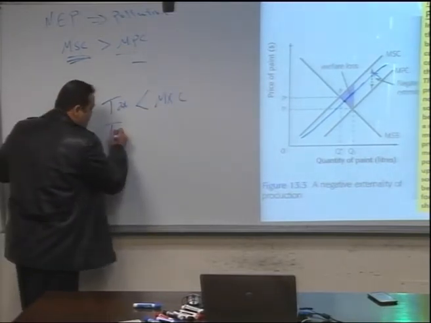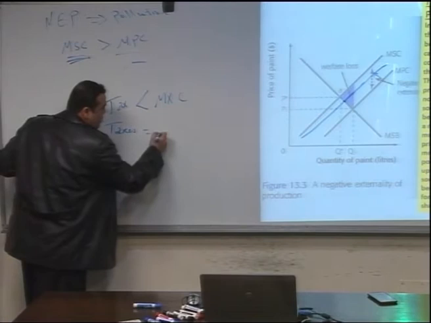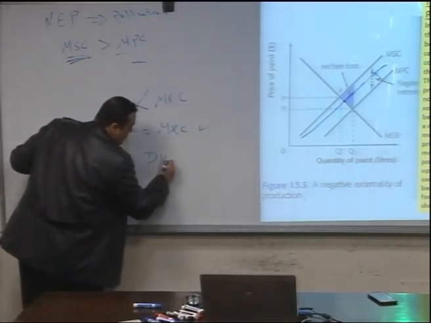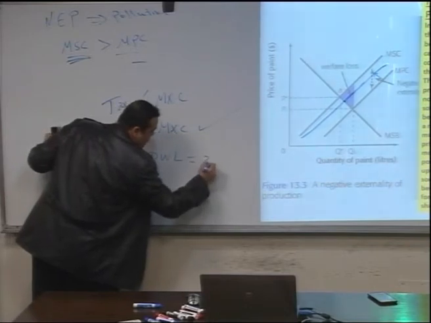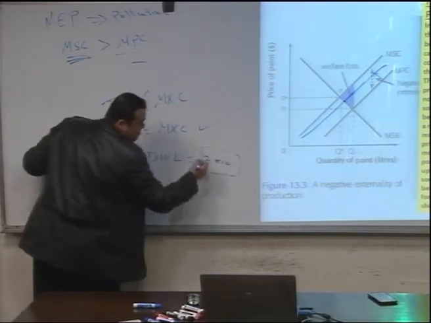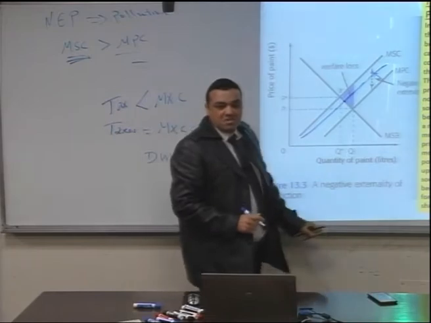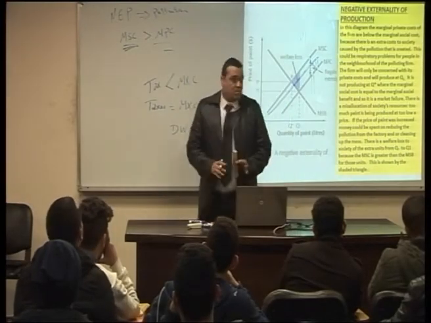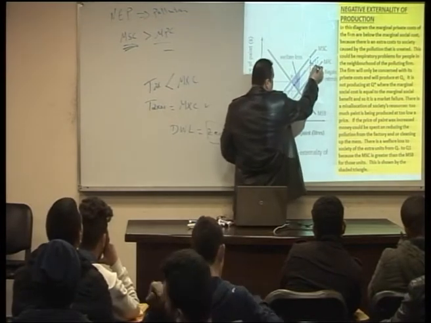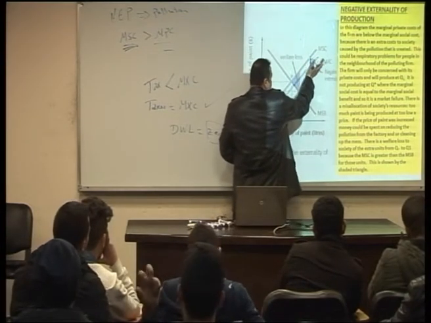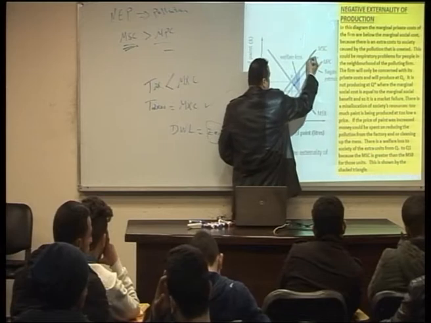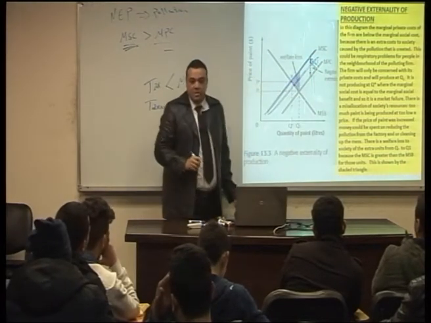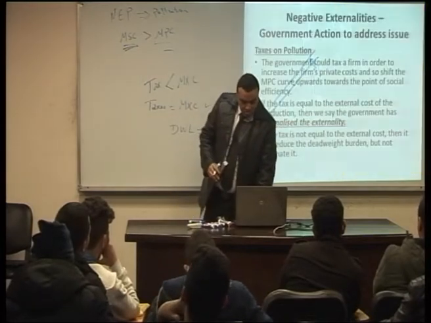When the imposed tax equals the marginal external cost, here the deadweight loss equals 0, or the marginal social benefit equals the marginal social cost. When the marginal private cost shifts to the marginal social cost here, in this case the deadweight loss becomes 0. Let's go to something else.